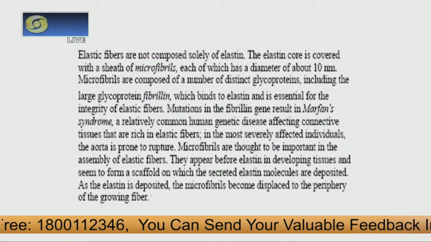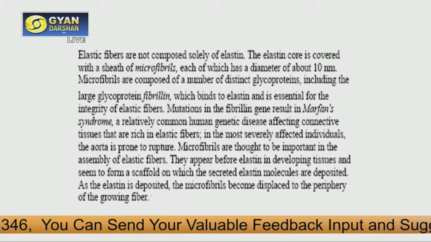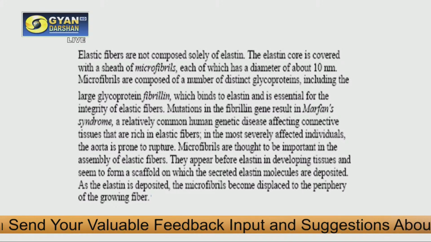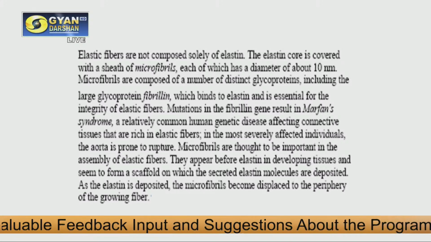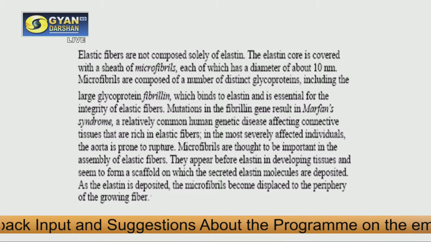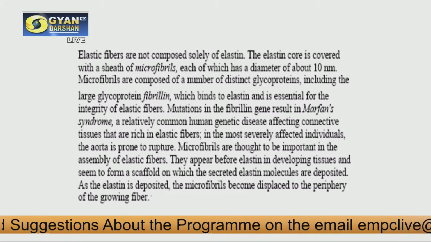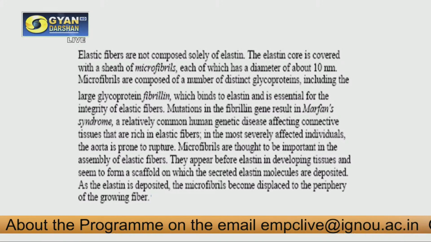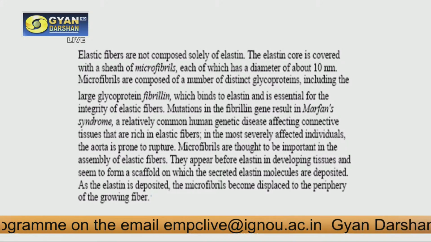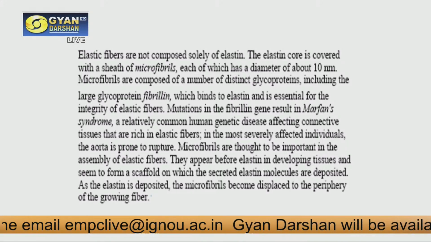And this fibrillin binds to elastin. Note that fibrillin is a different protein. Elastin is an extracellular matrix protein, whereas fibrillin is something different. It is not a component of the ECM, it's a glycoprotein.